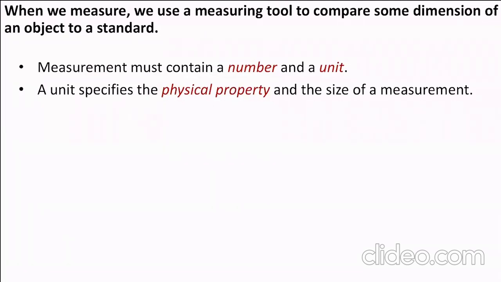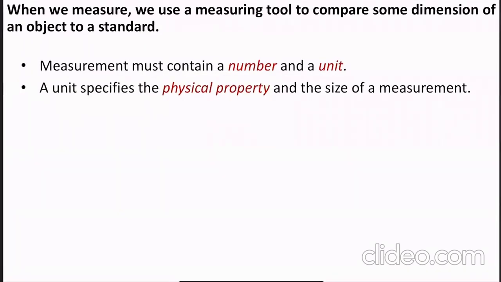Measurements always need to contain some number. But it wouldn't make sense if I just wrote 500. What does that mean? It's meaningless, because you can't tell what I'm talking about, right?